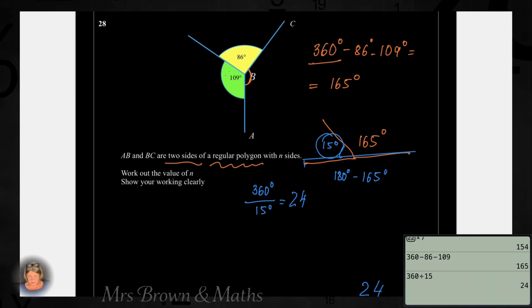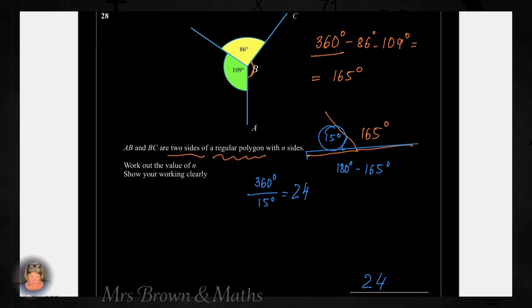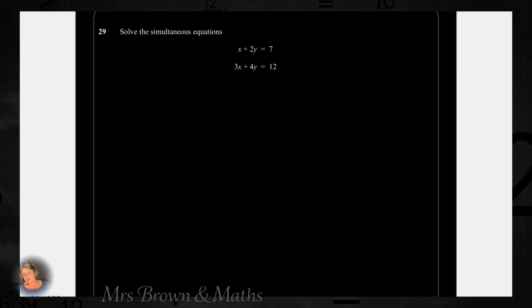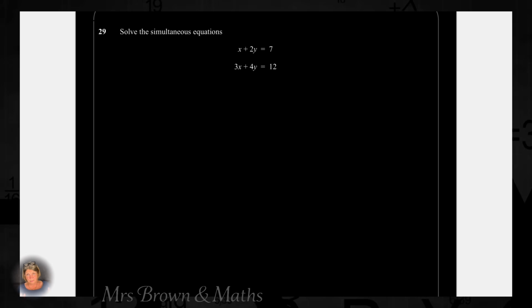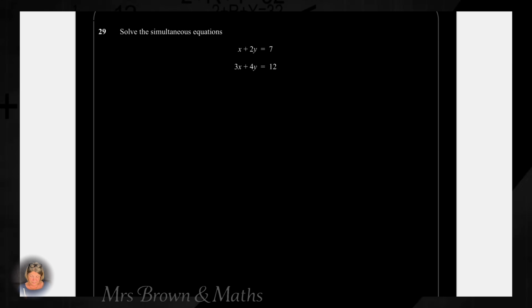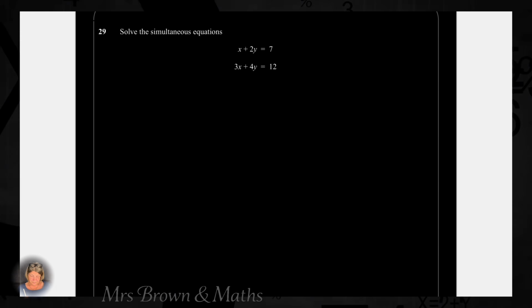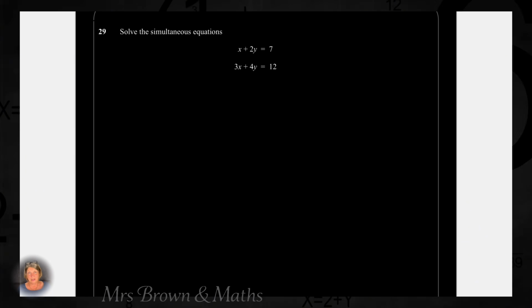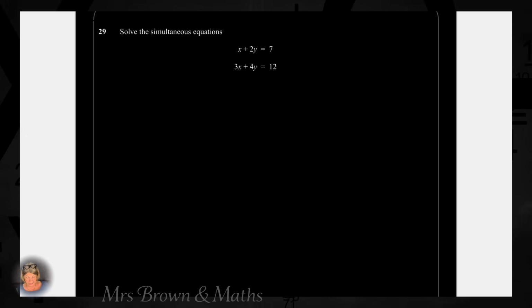And hopefully there is a last question. Yes, 29. Right, simultaneous equations. Again, I have the full walkthrough, a link above. Right, we have equations with two letters, and they're not solvable till I eliminate one of the letters.